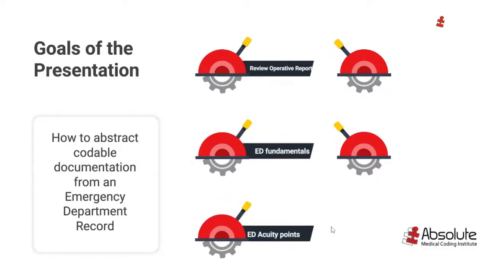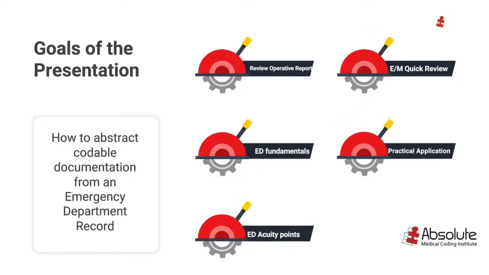We're going to learn the fundamentals of ED coding and talk about ED acuity points. This is some new stuff. We're also going to do a quick review of E&M, and we're going to do some practical applications, but we're going to do them together because the ED portion is a little heavy.